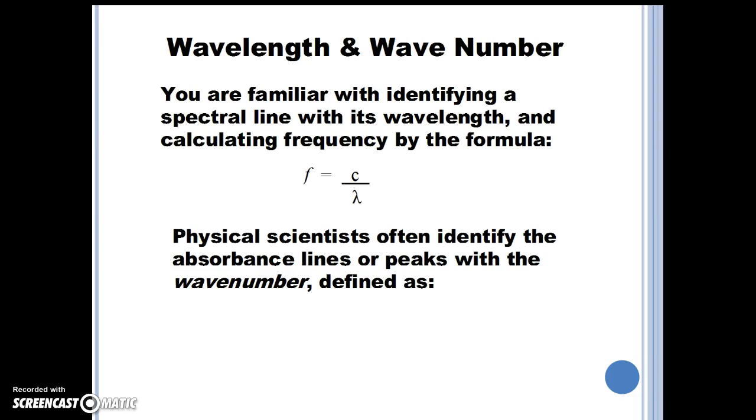The wave number is not the wavelength. The wave number is defined, this is the Greek letter nu, with that tilde over it, as the reciprocal of the wavelength. That's what the wave number is defined as. And you're going to see spectra with wave numbers on them.